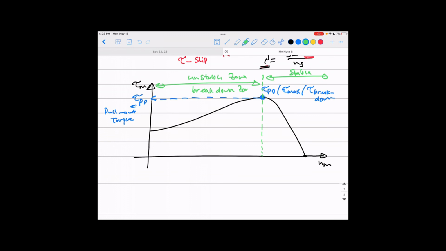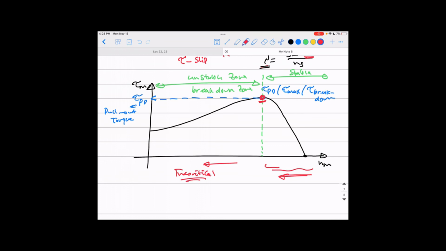The machine works all the time in the stable zone, because if you go over this, the machine will basically burn. You start from here and increase the torque until you hit the pull-out torque, or breakdown torque. After this you go to the unstable region, but that's a theoretical zone.